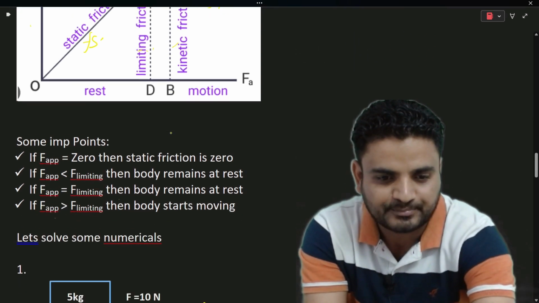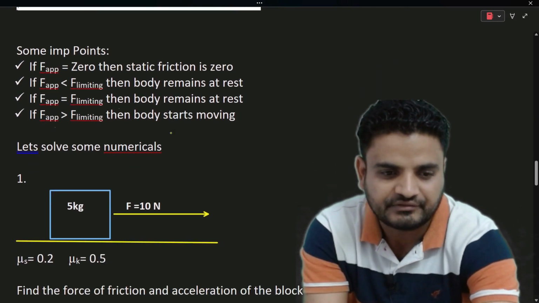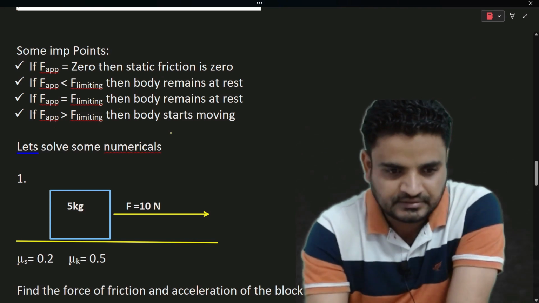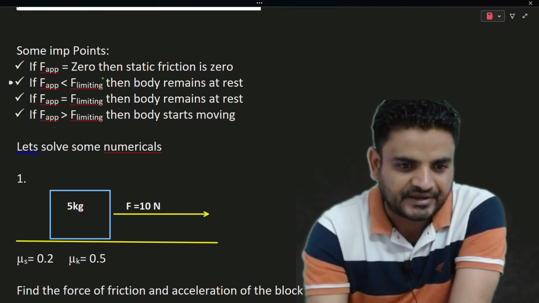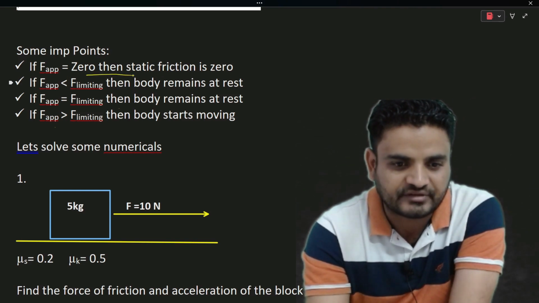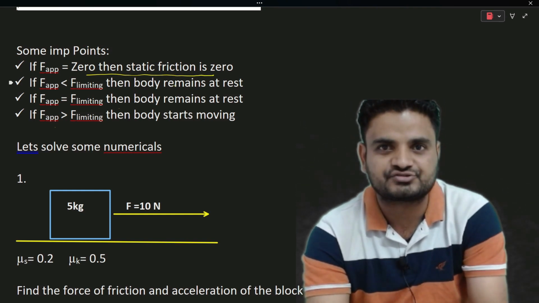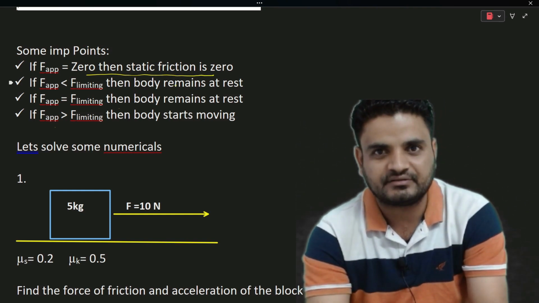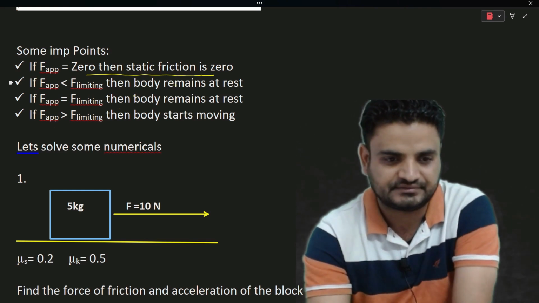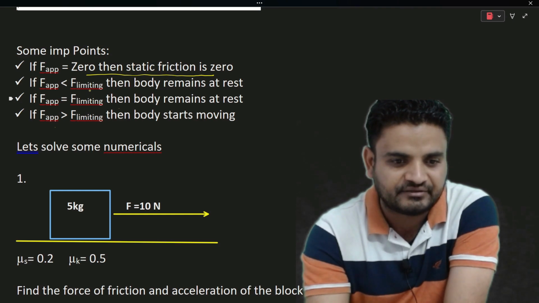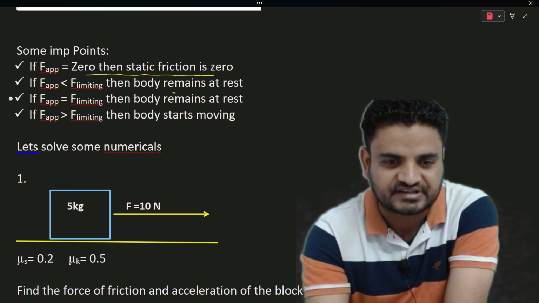Now some important points I will discuss with you, which will be very helpful to solve the numericals. First point is, if F applied is 0, then static friction is 0. Means if there is no force on the block, then there will be no friction. Clear? Second point is, if applied force is less than limiting friction, then the body remains at rest.